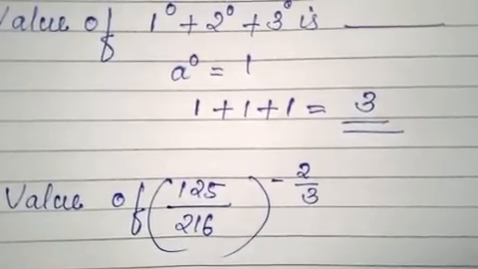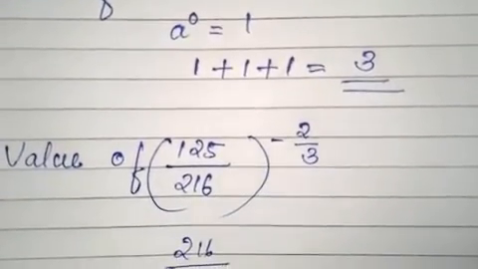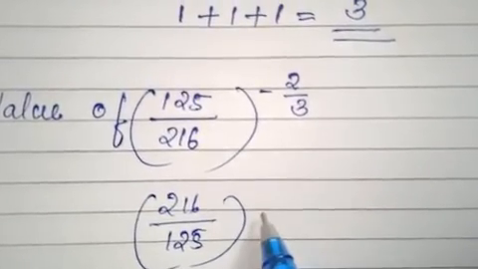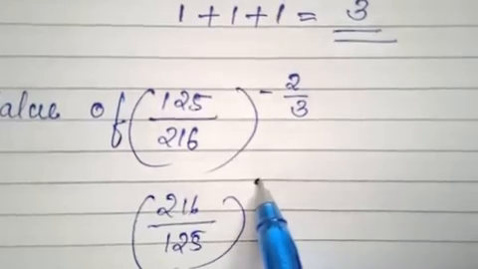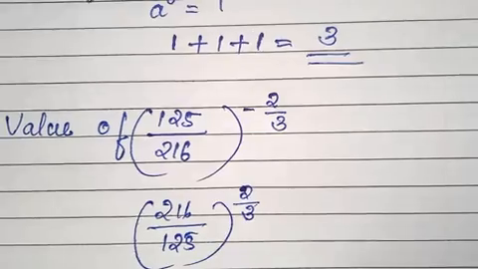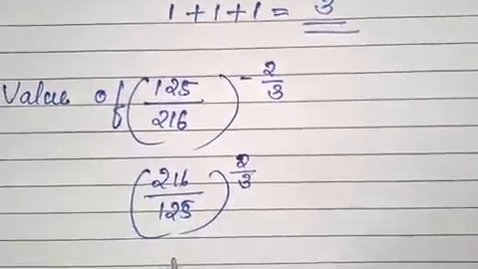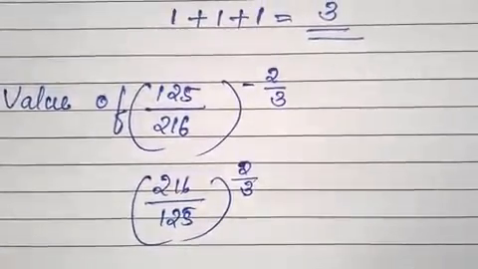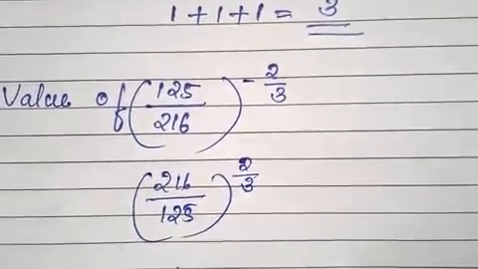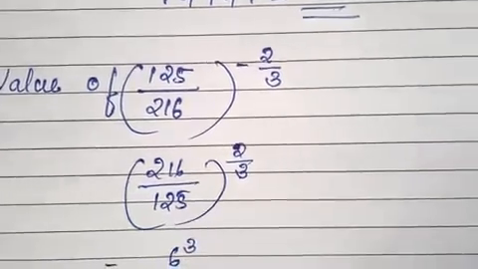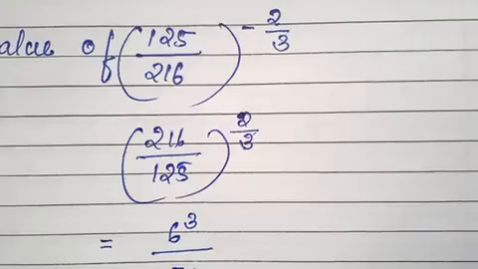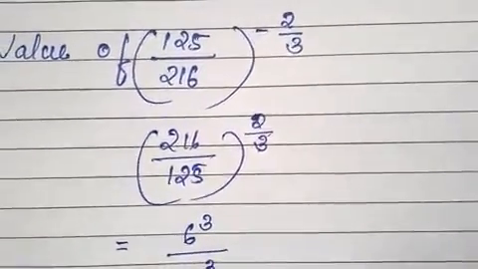Reciprocal is 216 divided by 125, because we have to change the sign of the exponent from negative to positive. That's why. So for 216 we should take the prime factors, then we will get 6³. Then 125, after prime factorization we will get 5³.